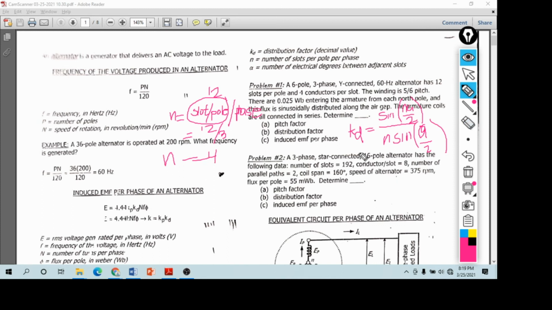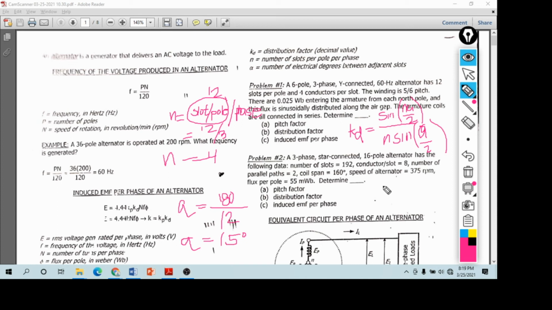Okay, so next is how to solve for alpha. Alpha is equal to 180 divided by slot per pole. So 12, that is 180 divided by 12, that is 15. That is your alpha.